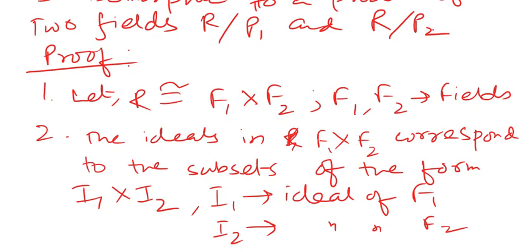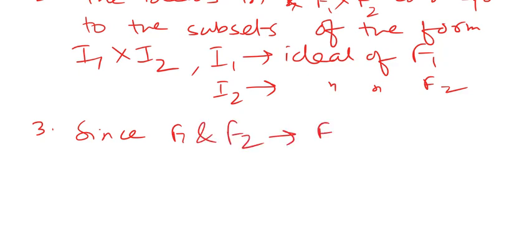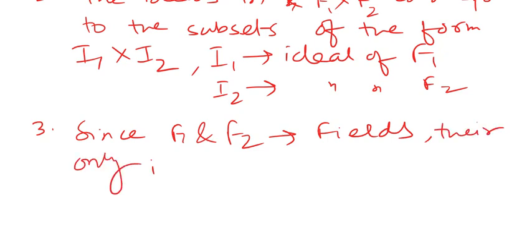Okay, and the third point is, since F1 and F2 are fields, their only ideals are: one is zero, and another one is the field itself, F1 and F2.